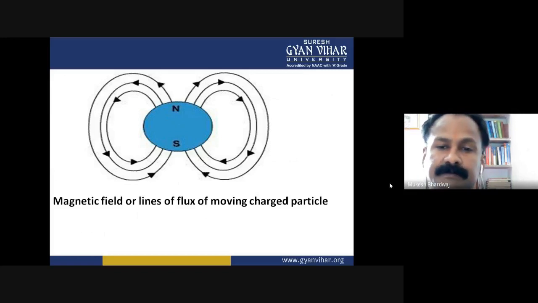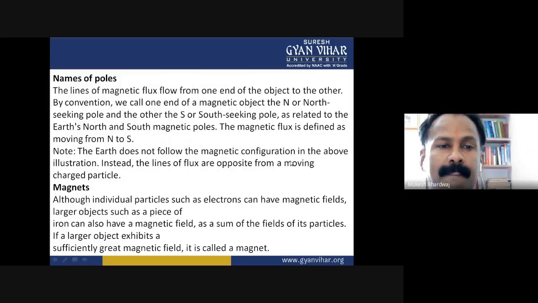Next, names of poles. The lines of magnetic flux flow from one end of the object to the other by convention. We call one end of the magnetic object the north or N seeking pole and the other the S or south seeking pole.